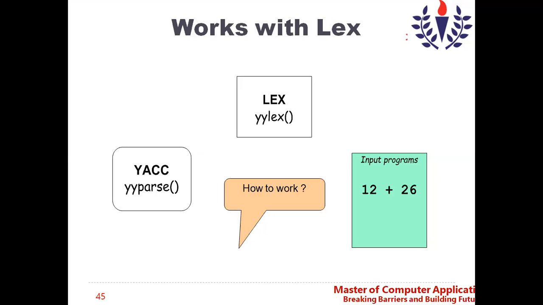From Yacc, it invokes the yyparse function, and from yyparse, it calls yylex, right? Now there is an input, 12 plus 26. In the Lex program, we should write the rule section in order to recognize this input.